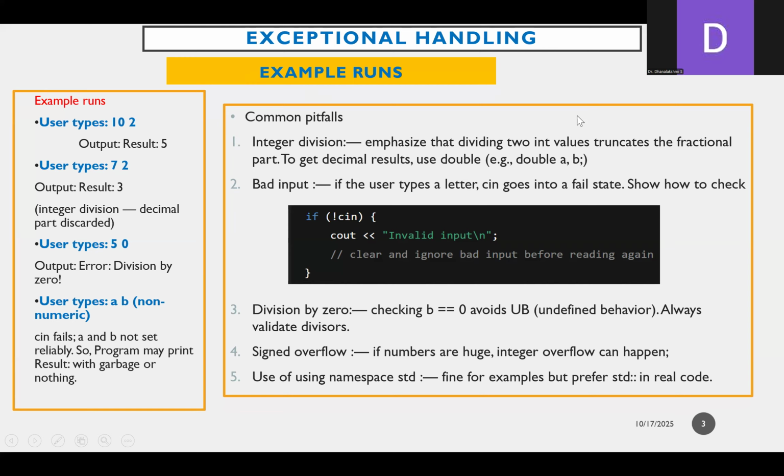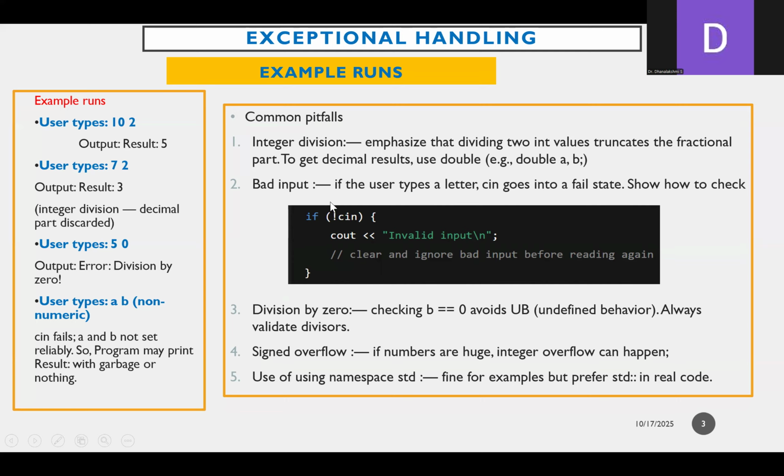Example: 5 divided by 2, the answer is 2 and not 2.5. But when we want 2.5, to get decimal results, at least one operand must be a floating point type, that is, either float or double, so that your output is 2.5. So this is the first category.